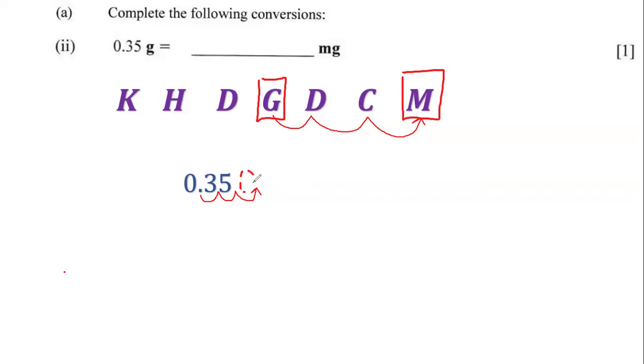So what we actually have is 0350, which is basically the same thing as 350. Whether you get 0350 or 350, both are saying the exact same thing. That's the correct answer.